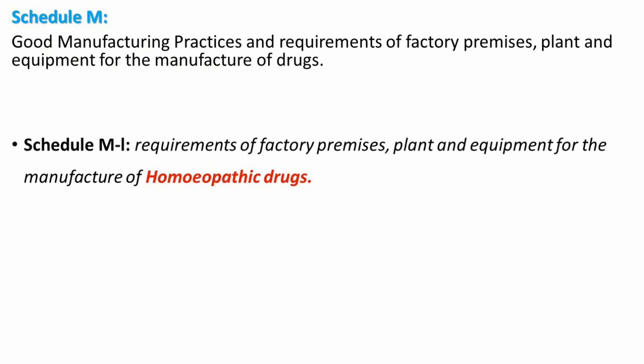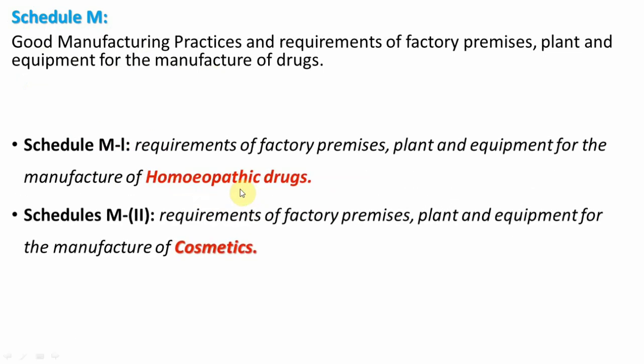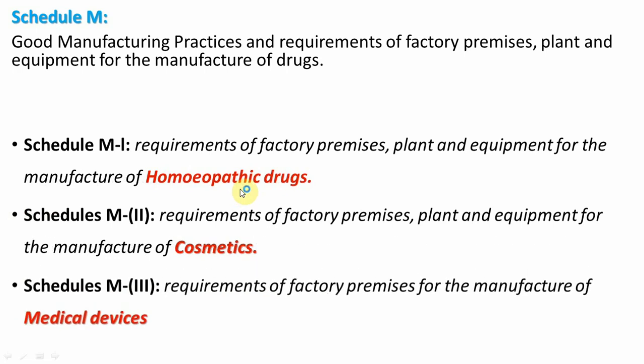For M1, the requirements of factory premises, plant and equipment for the manufacture of homeopathic drugs. Then next, Schedule M2, that is requirements of factory premises, plant and equipment for the manufacture of cosmetics. And third, Schedule M3, it is for the medical devices.